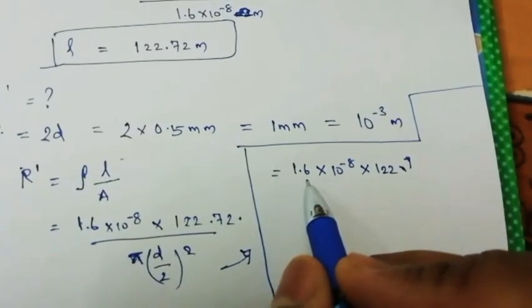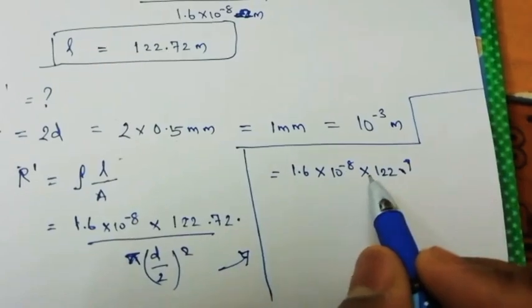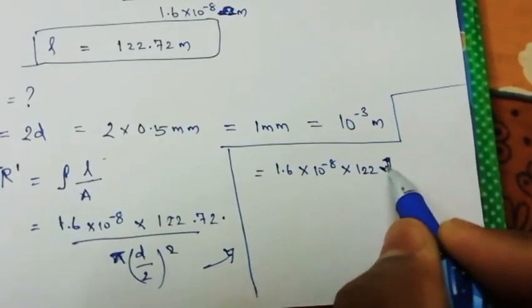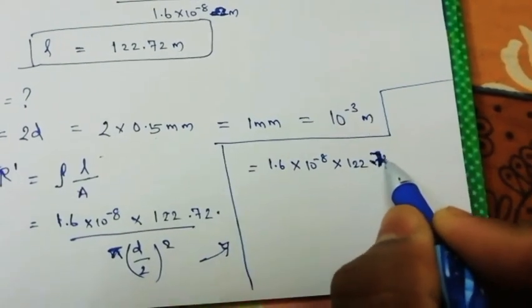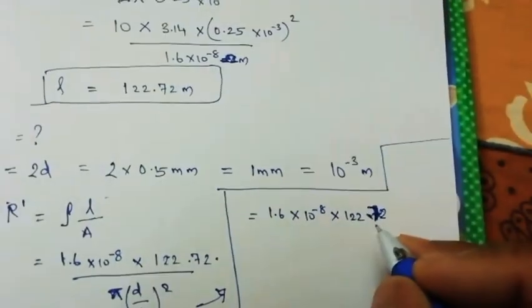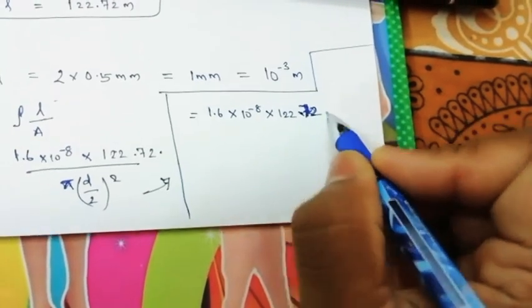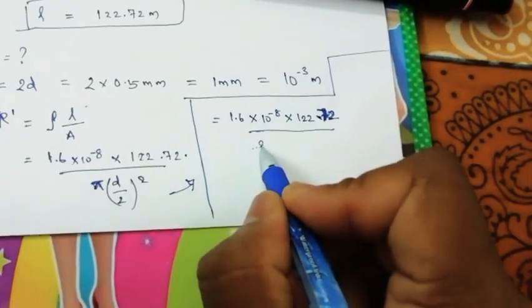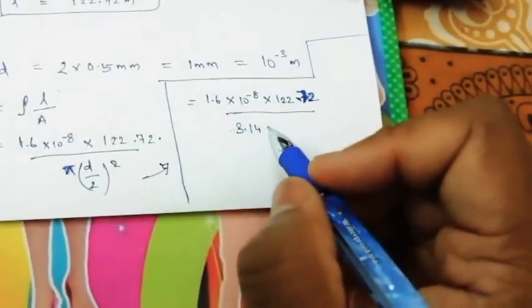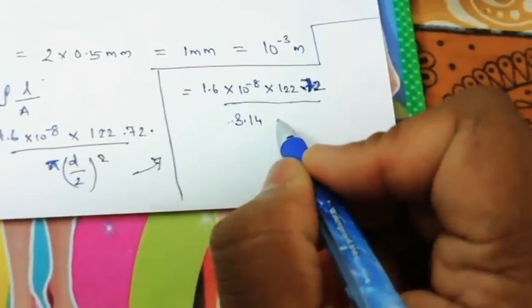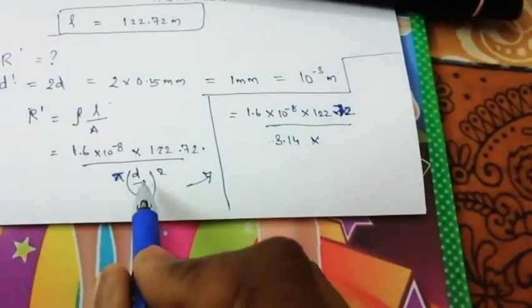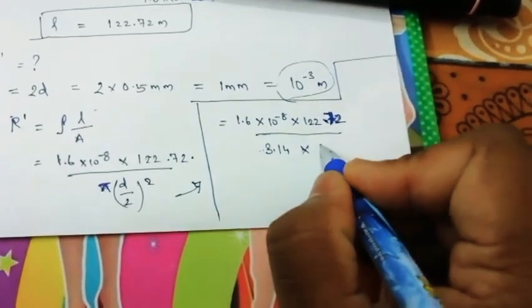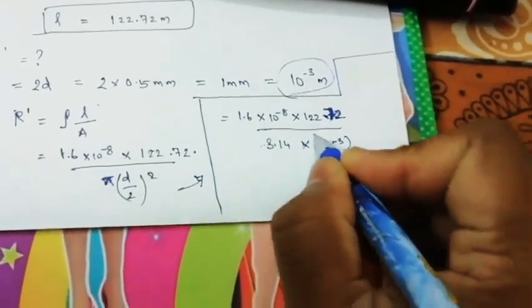So it's 1.6 into 10 to the power of minus 8 into 122.72, divided by 3.14 into the value of d we just found, 10 to the power of minus 3, the whole square.